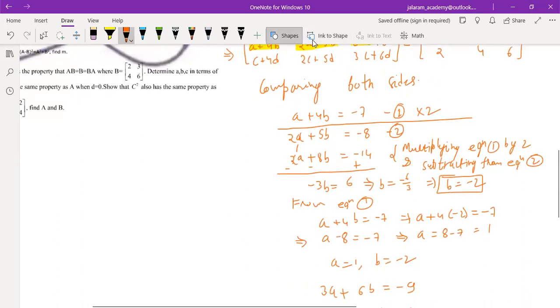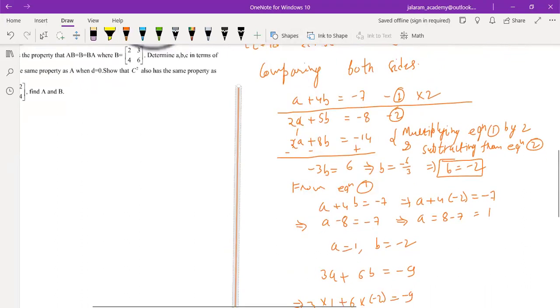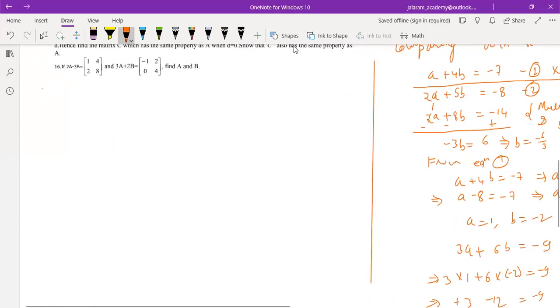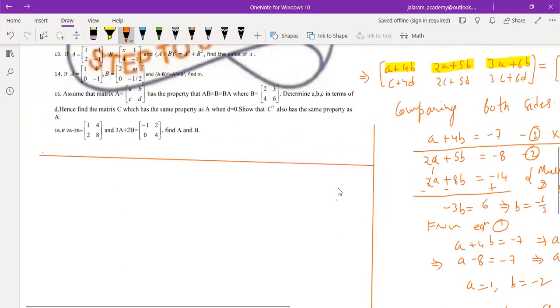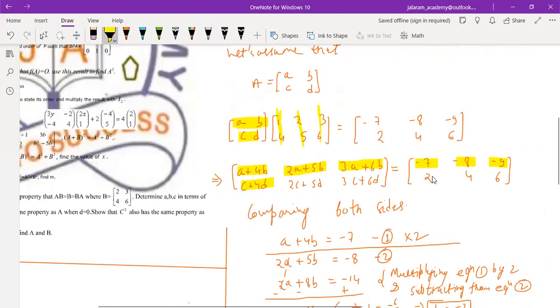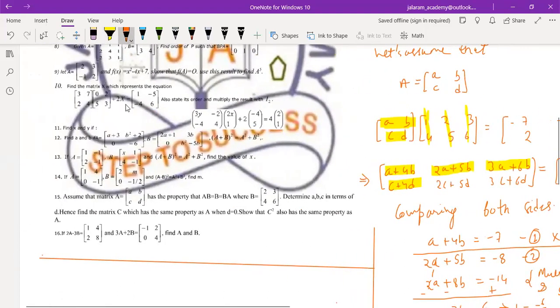Similarly, we will solve the equations obtained by the second row. c plus 4d equals 2 is the first equation.